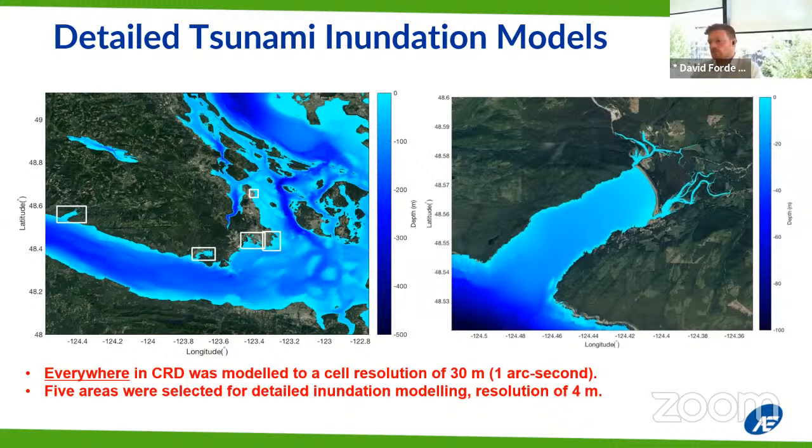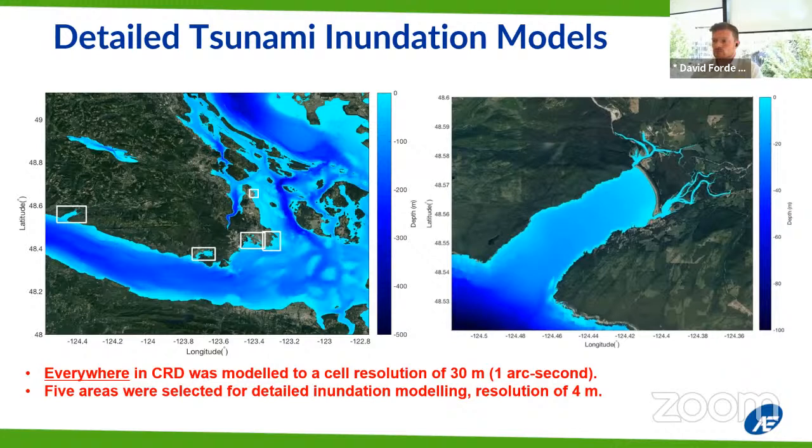It's a public domain, open source code. It's very heavily used in a number of applications, from tsunami to shortwave modeling, harbor oscillation modeling, even ship waves in channels nowadays.